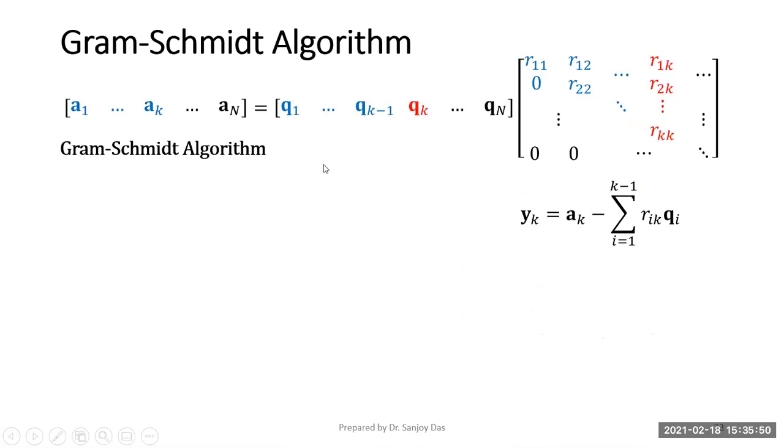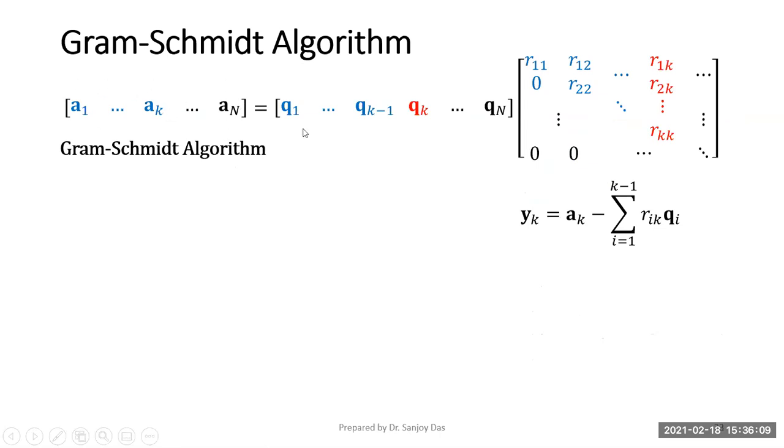Okay. Now, remember, before we do the Gram-Schmidt algorithm, write down the steps of the algorithm. So, right before the kth iteration, these are the quantities that are known. A1 through AK are the ones that we're going to use.